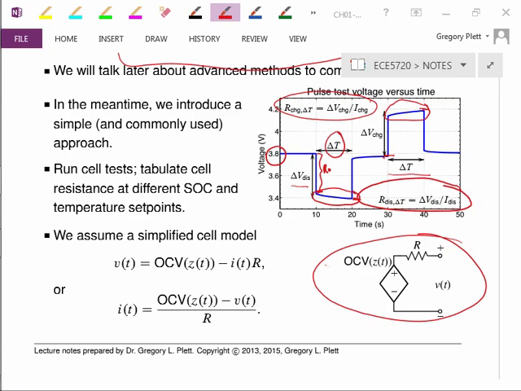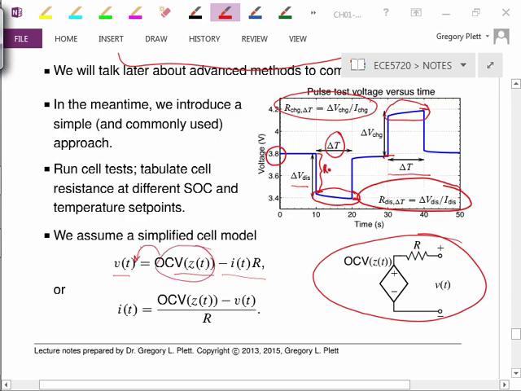So the terminal voltage in this model is open circuit voltage as a function of state of charge minus the cell current times the resistance, R. And I can solve that for I by rearranging, so bringing voltage over there and dividing by R, and I get I is OCV minus V divided by R.